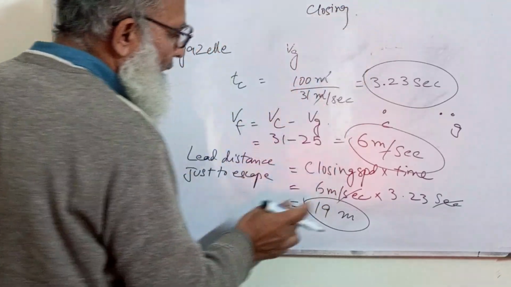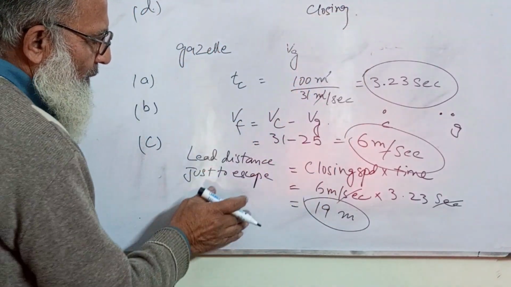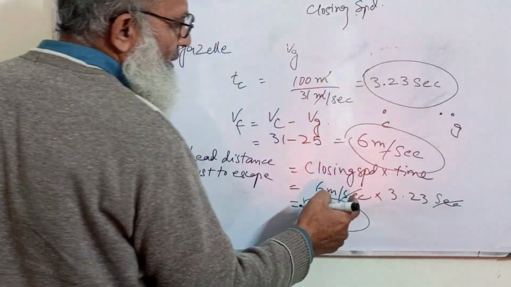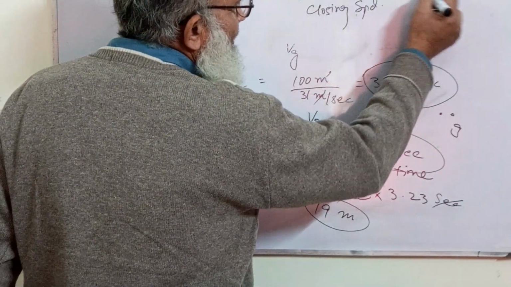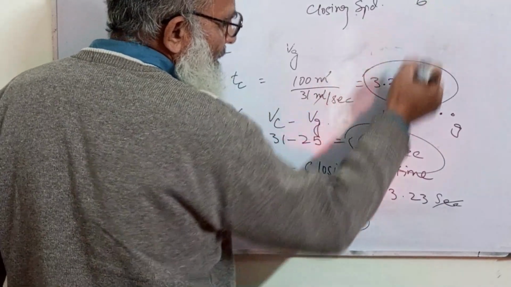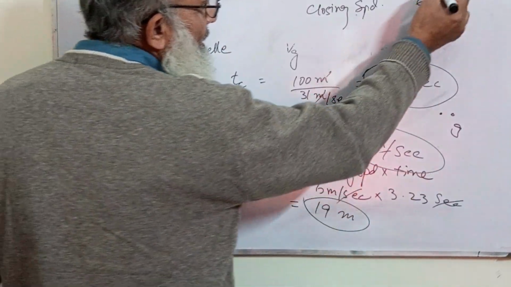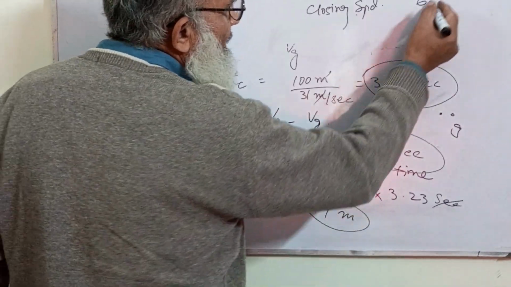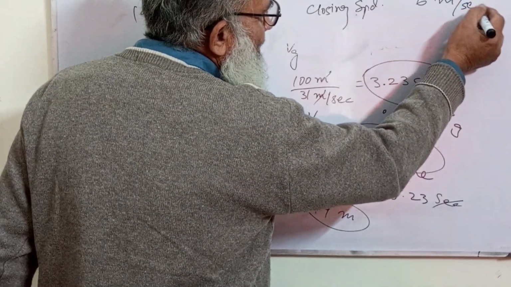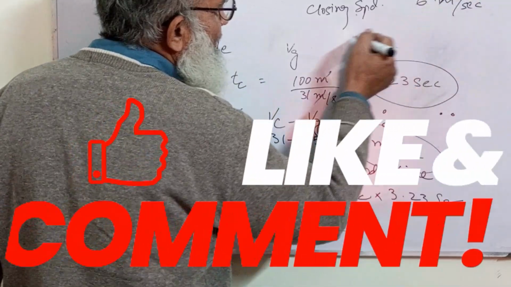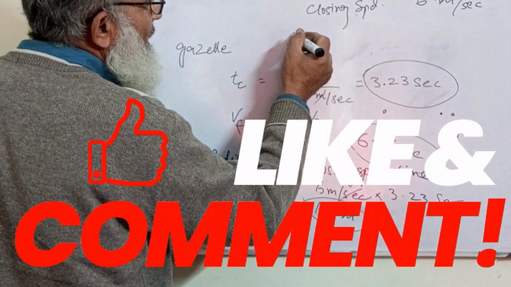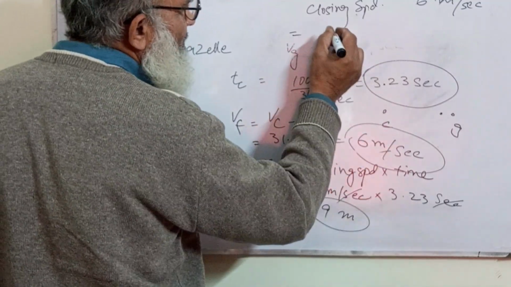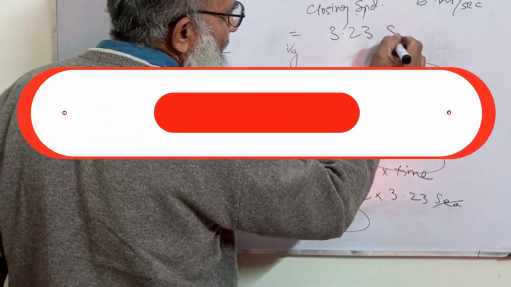These hints are given in your book with the question. So this is 19 divided by 6. Now 19 is in meters and 6 is in meters per second, so the meters will cancel, and it will become 19 over 6, which is almost the same, 3.23 seconds.